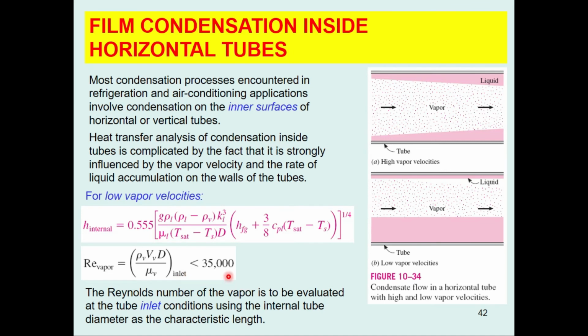Here the Reynolds number is for the vapors to be evaluated at the tube inlet condition using the internal diameter as the characteristic length. Here this d is the characteristic length, and it can be taken as the internal tube diameter at the inlet of the tubes.